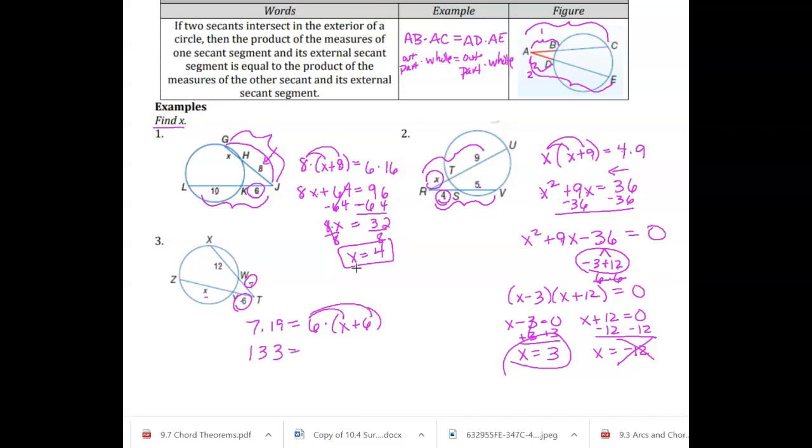We'll distribute, so 6x plus 36. We'll subtract 36. So 6x equals, I believe this is 97. Yep. And then divide by 6. So 97 divided by 6 is a decimal.